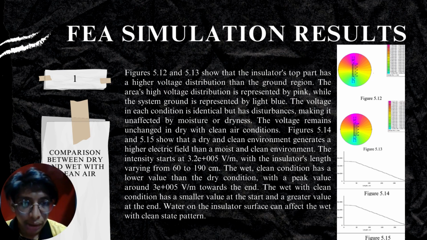The wet clean condition has a lower value than the dry condition, with a peak value around 3 E power of 5 V per M towards the end. So the wet with clean condition has a smaller value at the start and a greater value at the end. So the water on the insulator surface can affect the wet with clean state pattern.